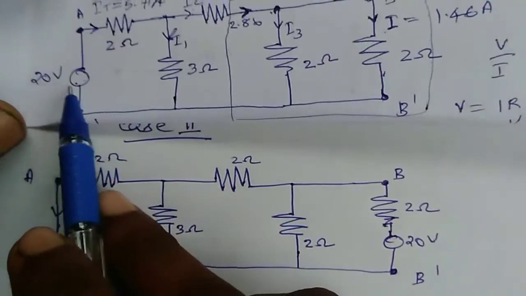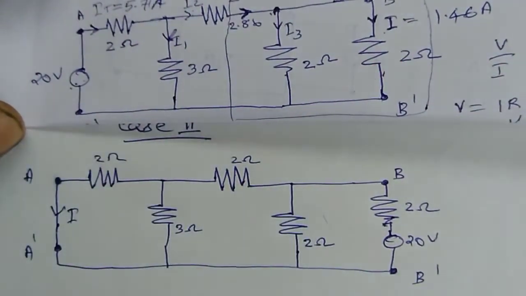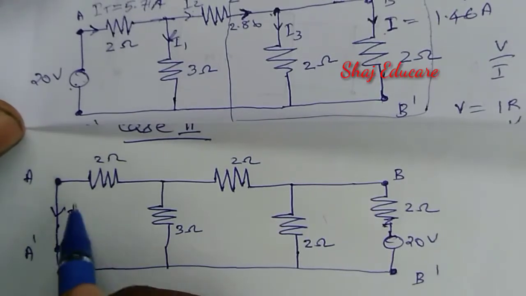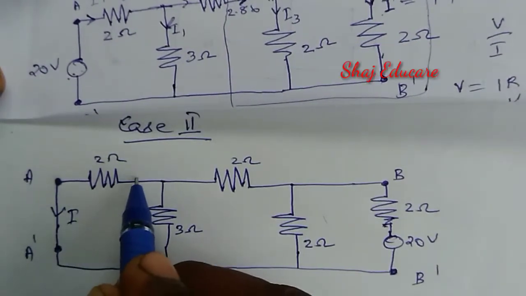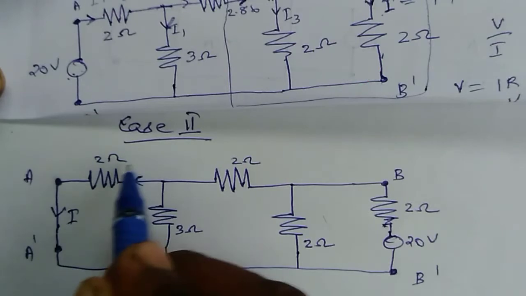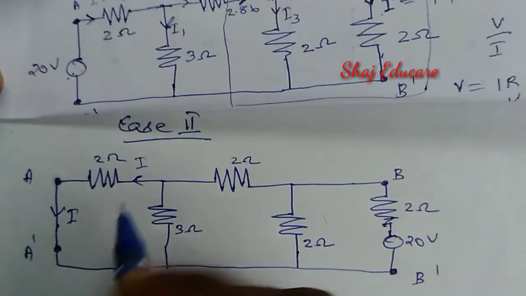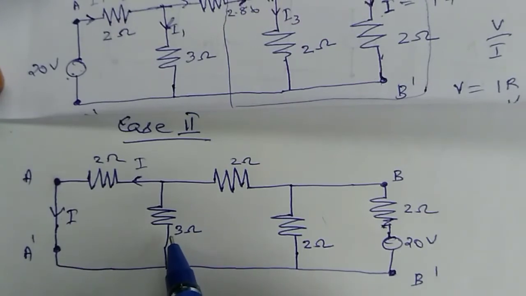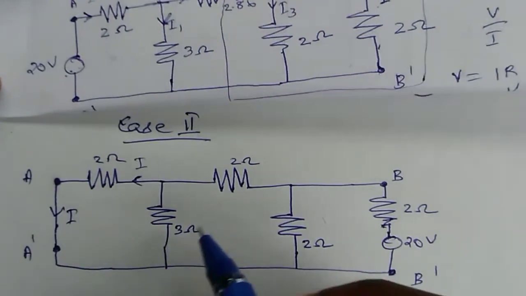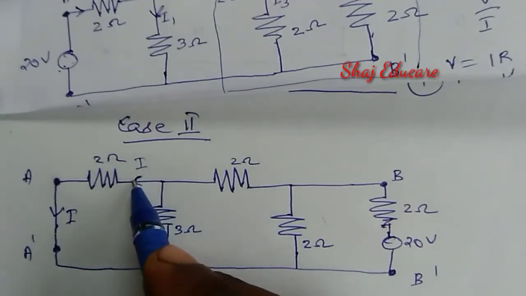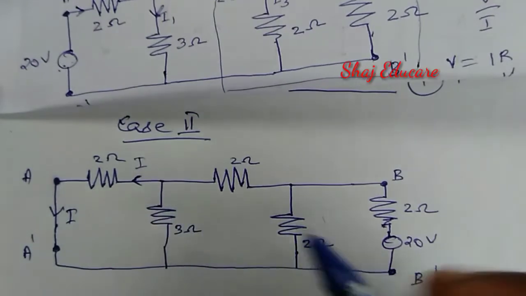Now we have to find the current I, the current flowing through the outer 2 ohm resistance. That will be the same here also. Let us proceed in the same manner and solve for I using the current division rule.